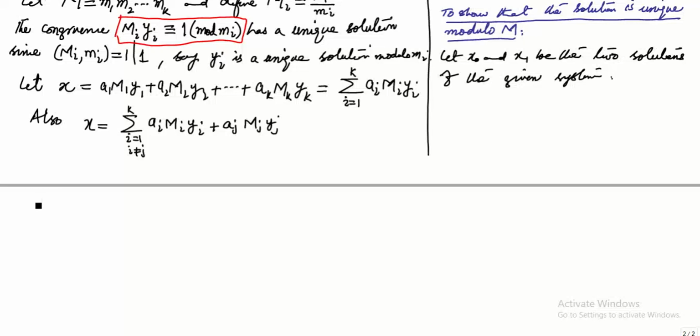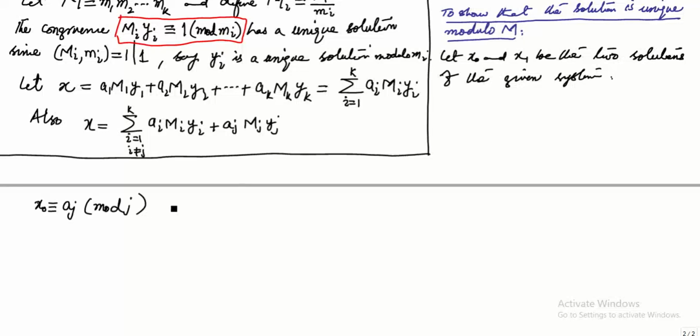Because x null and x1 are both solutions of the given system, x null is congruent to aj modulo mj, and x1 is also a solution, so x1 is congruent to aj modulo mj, for j from 1 to k.